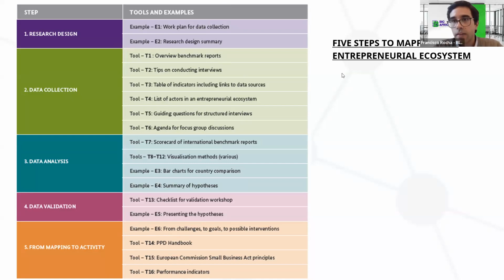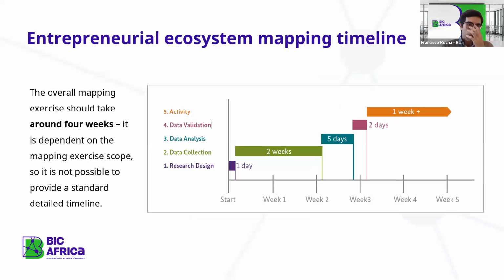If that is the case, the next slide presents, of course, this is a mapping exercise. It's a guide that we want to follow, and it follows, of course, a timeline. This timeline that is presented is, of course, a standard timeline, but it is dependent on the entity, on the context, and, of course, on the exercise itself.